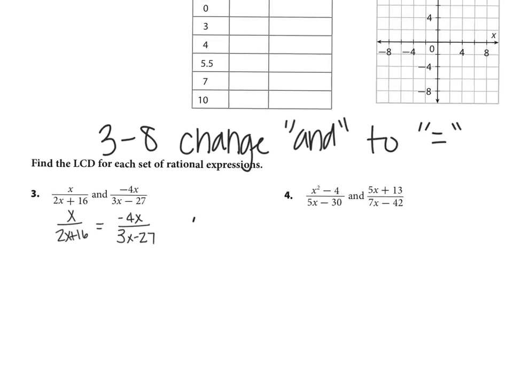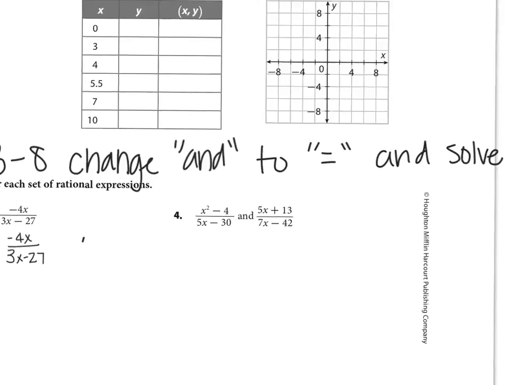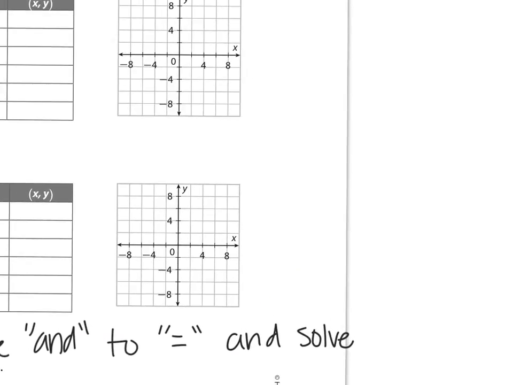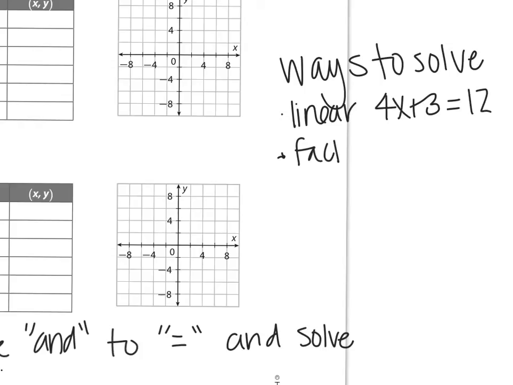And then you are also going to solve. So remember, ways to solve, you might want to write this down. This would probably be helpful. So ways we can solve: if it's a linear equation, that's nice. Linear equations are when I have something like 4x plus 3 equals 12. That's easy to solve. I can solve by factoring.